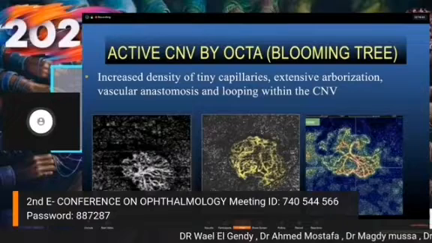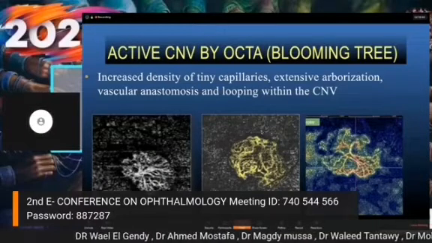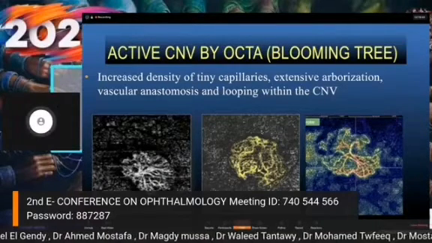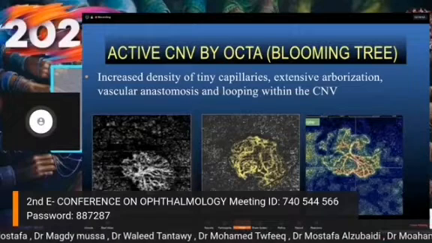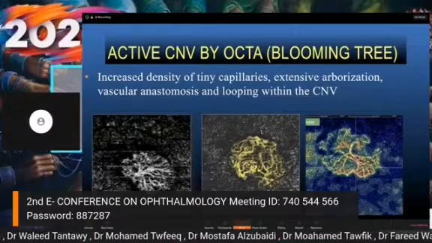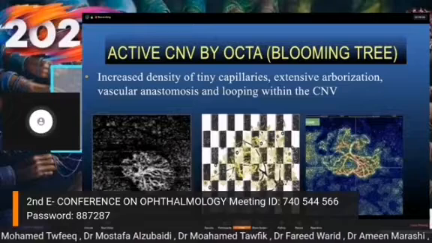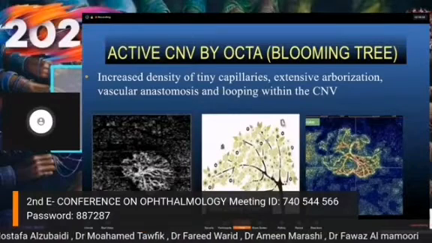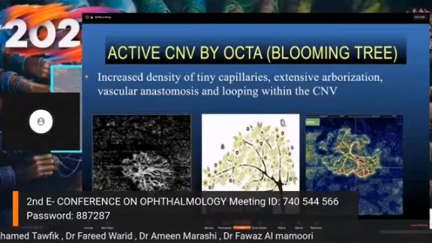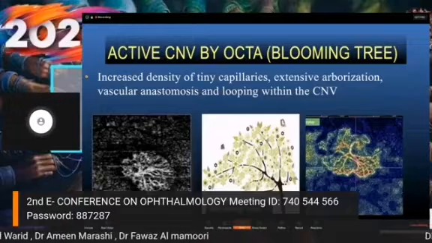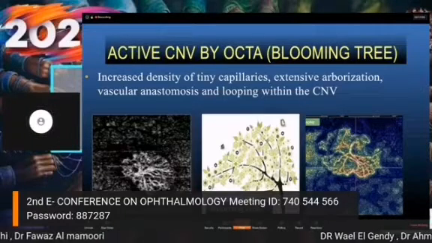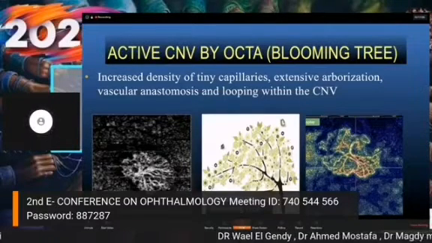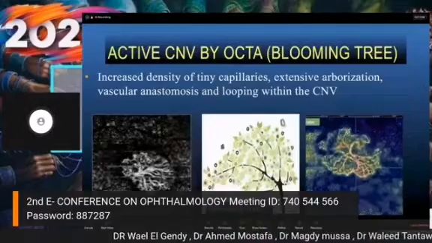So these are all signs of activity, and they say looping. You can see multiple loops at the periphery connecting the peripheral vessels. They give an example of this as a blooming tree, a very fruitful tree with its green leaves, which mean the trunk and viable leaves, meaning that this membrane is active.